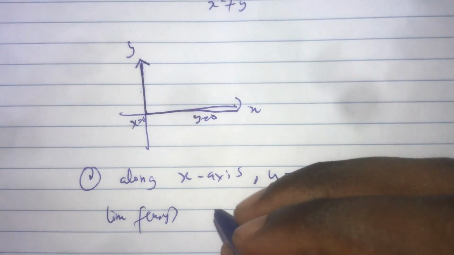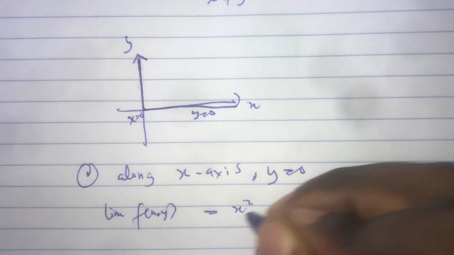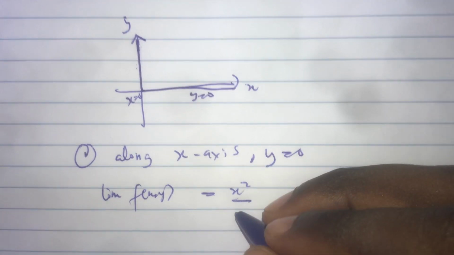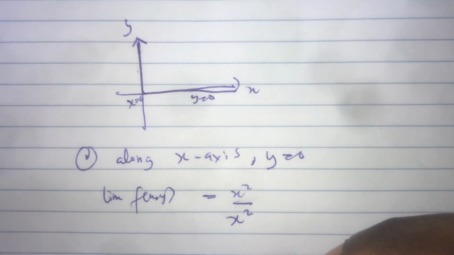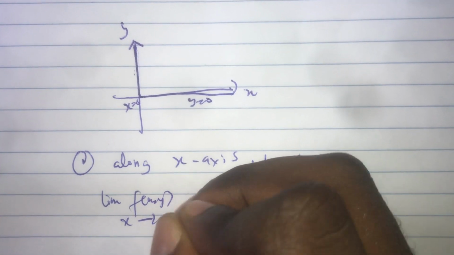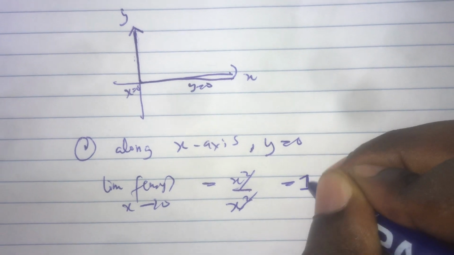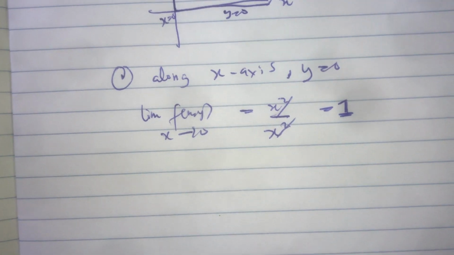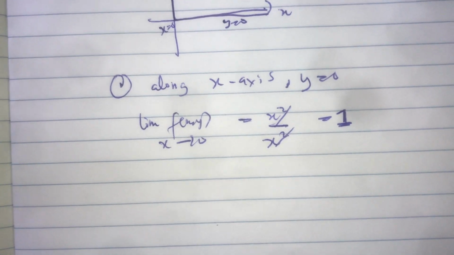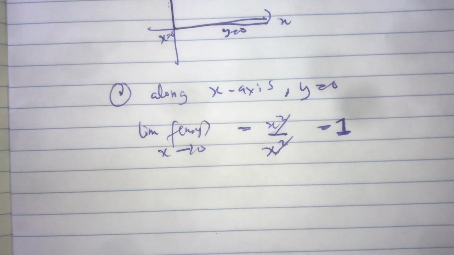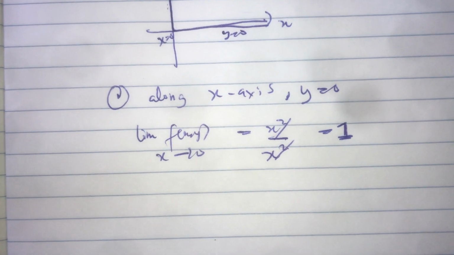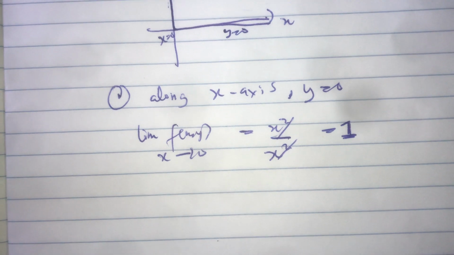So from the question, we'll be left with x squared all over x squared, where x is approaching 0. So with this, we have the limit equal to 1. So this is our first pathway in finding the limit. Like I said, in 2D, we consider three paths. So this is our first pathway.